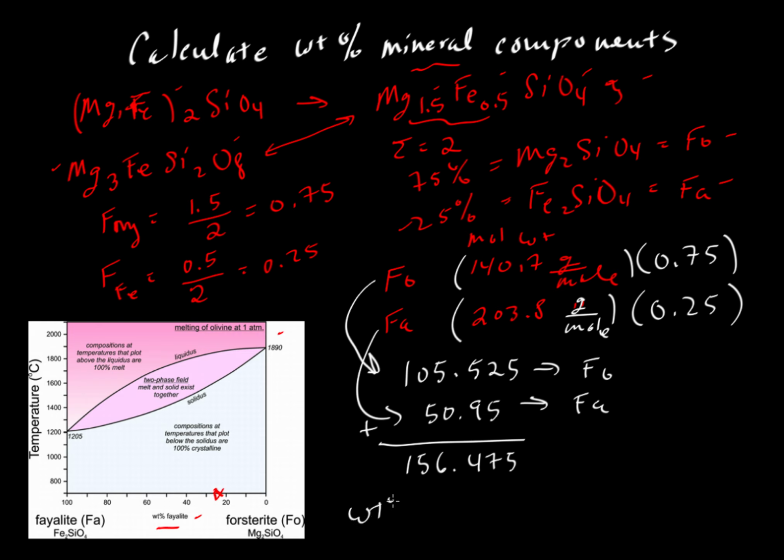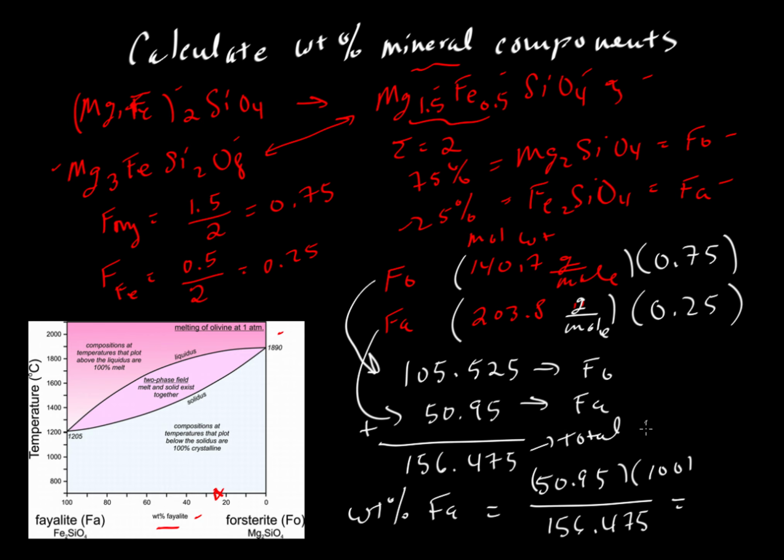So what would be the weight percent of fayalite? That would be the amount of fayalite, 50.95, multiplied by 100, since we want it in a percent rather than a fraction. And we'll divide that by 156.475, the total weight in our system, as we've calculated here.